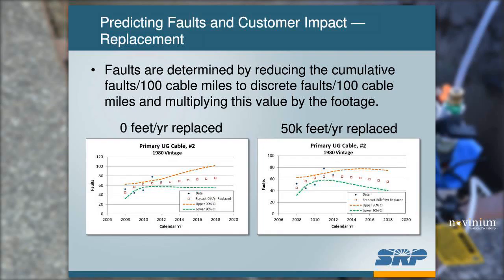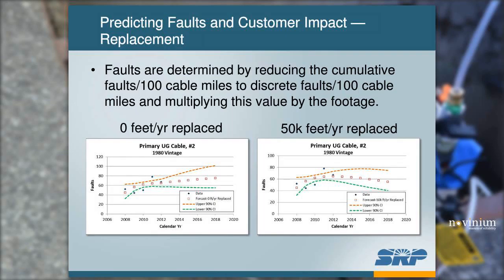Once we've run our Crow-AMSAA model, we can now forecast faults based upon cable replacement by reducing the cumulative faults per 100 cable mile to discrete faults. And then once we have the discrete faults per 100 cable mile, we multiply by the footage. So there's two examples here.